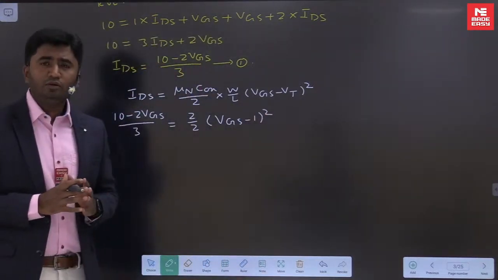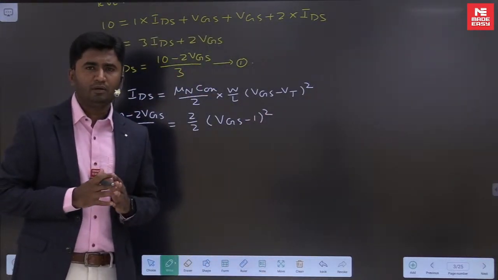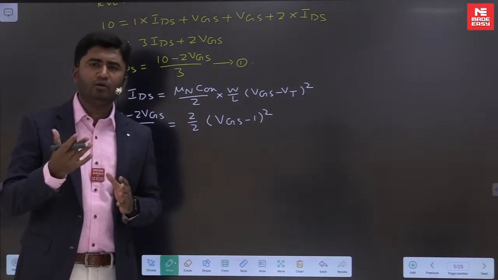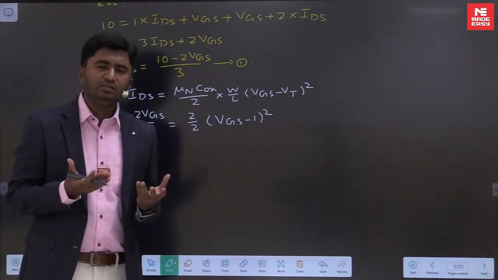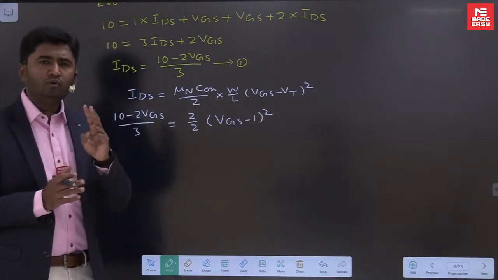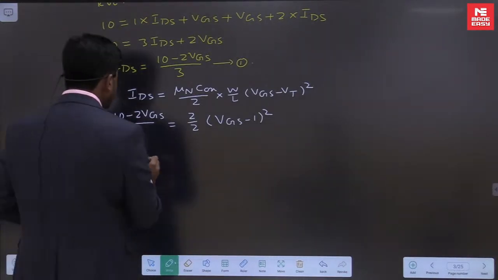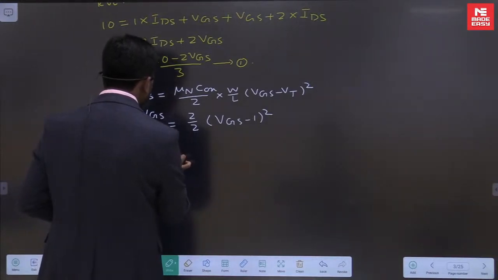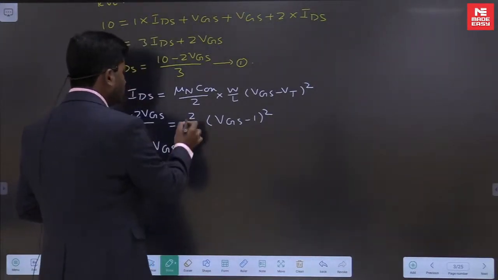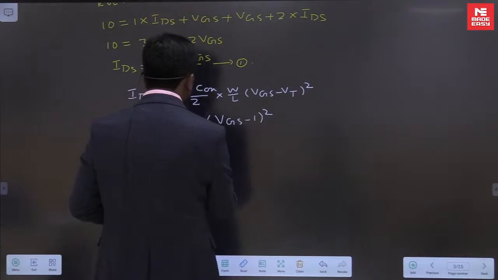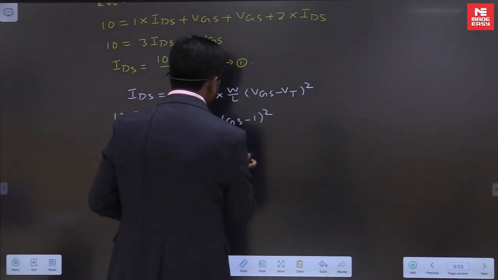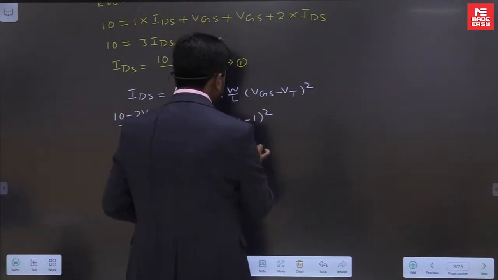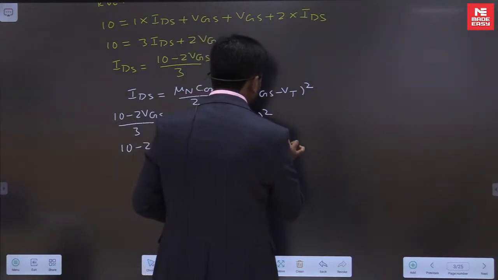Now this equation we should bring into quadratic form, and then you solve it, you will get two values of VGS. Let me do that simplification here. 10 minus 2 VGS is equal to, this 2 and 2 will cancel, 3 into VGS square plus 1 minus 2 VGS.